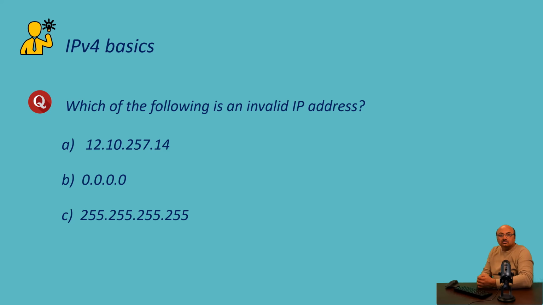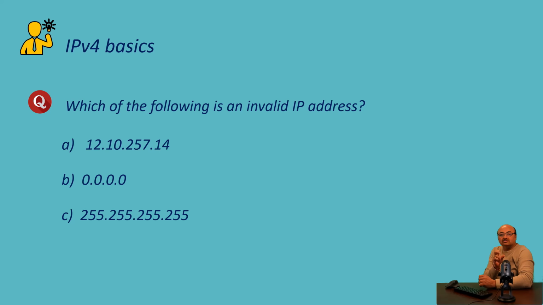Let us now take an example to identify which IP address is valid and which is invalid. So let's look at option A. Before that, the thing one needs to remember is that each octet's value should be between 0 and 255 inclusive.